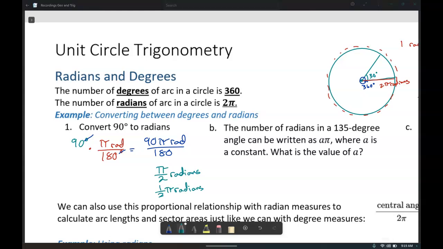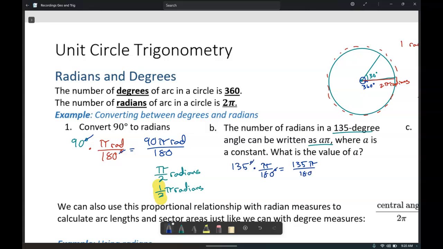The number of radians in a 135 degree angle can be written as A times pi. So we're looking for this value when we convert to radians. Let's take a look. 135 degrees times pi over 180 is going to equal 135 pi radians over 180.